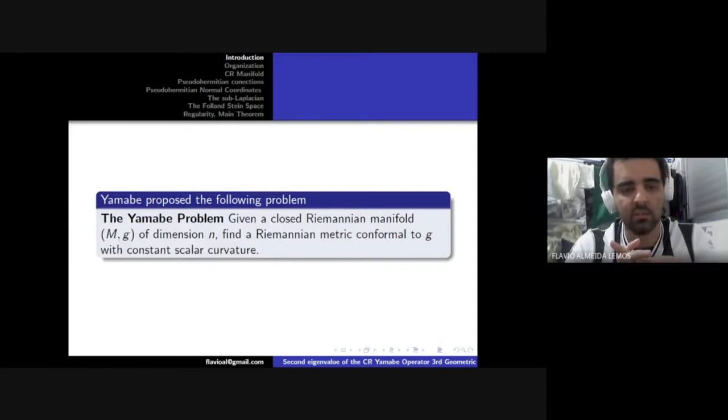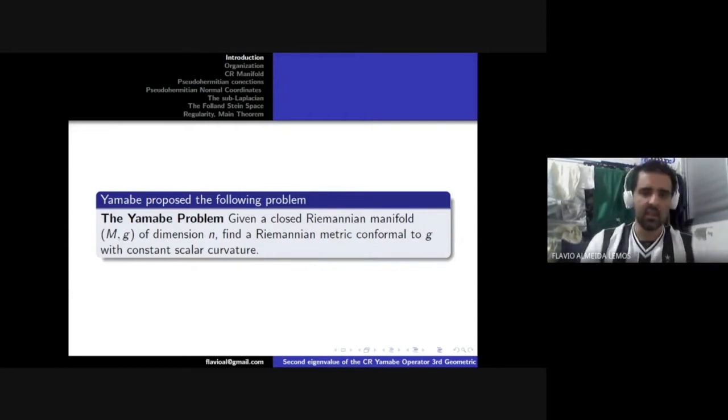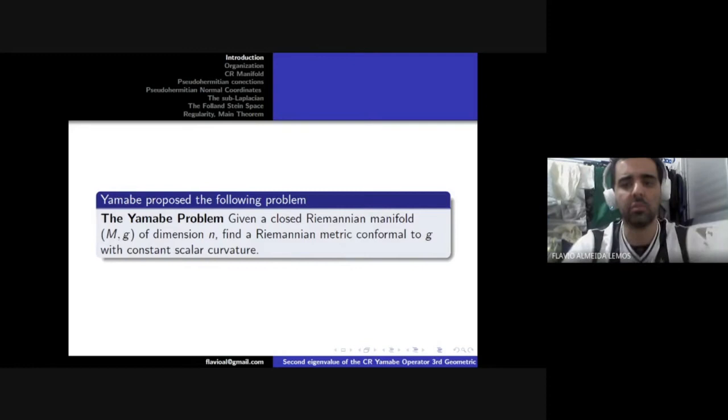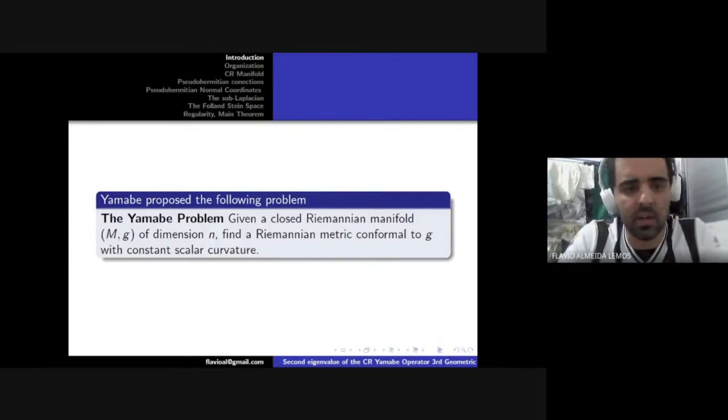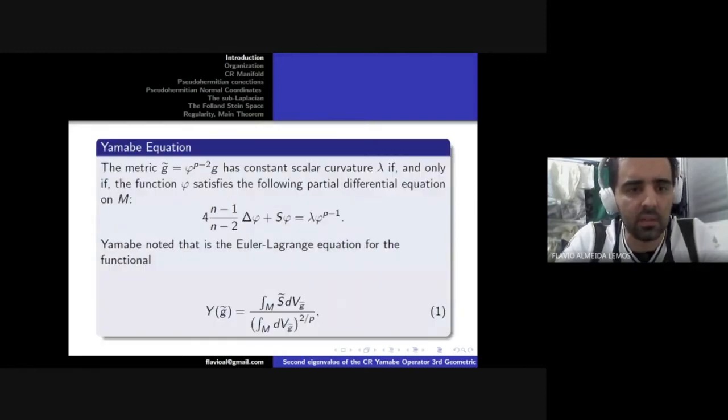Given a closed Riemannian manifold of dimension n, find a Riemannian metric conformal to g with constant scalar curvature.